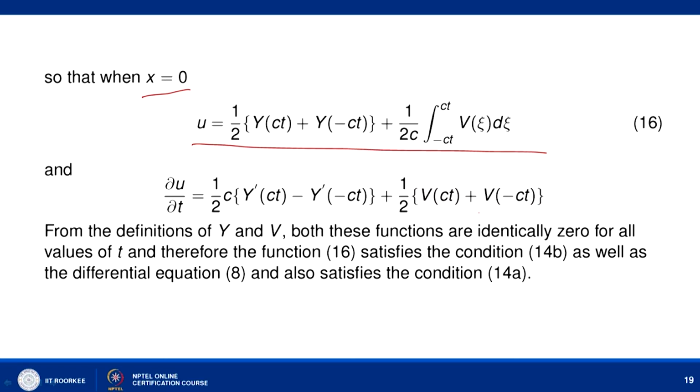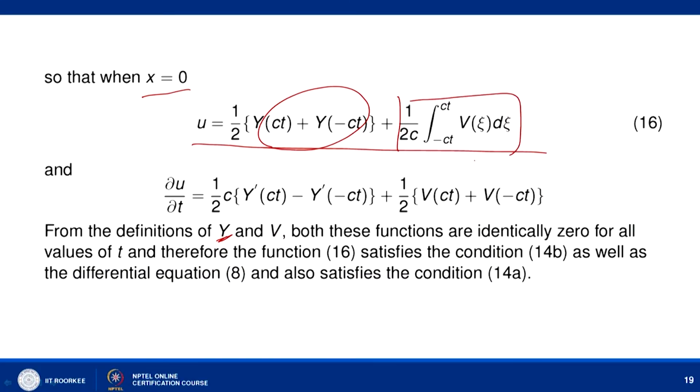Now, as we have defined the function y as an odd function, it means that y(-x) is minus y(x). So, this quantity will be 0. Similarly, v(ξ) is also defined in an odd manner, so this integral is going to be 0. Similarly, for y'(ct) - y'(-ct), I am assuming that y(-x) equals minus y(x).